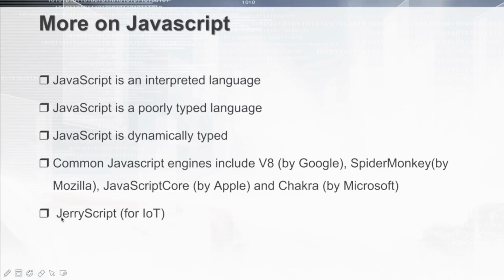Then we have CherryScript. Now CherryScript is a JavaScript engine that is used for IoT. So it's used to run JavaScript on microcontrollers. And so with CherryScript, JavaScript has the ability to run on microcontrollers, and is then used for embedded systems and IoT.